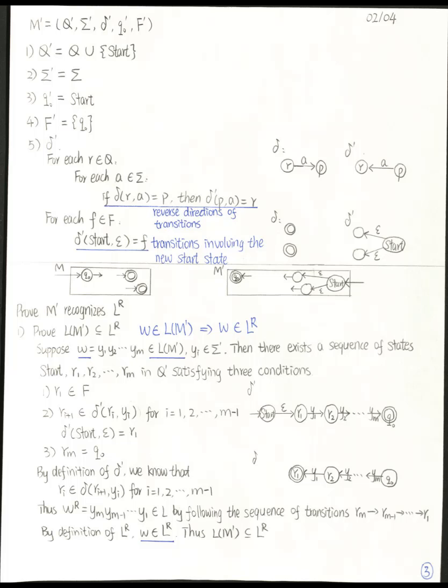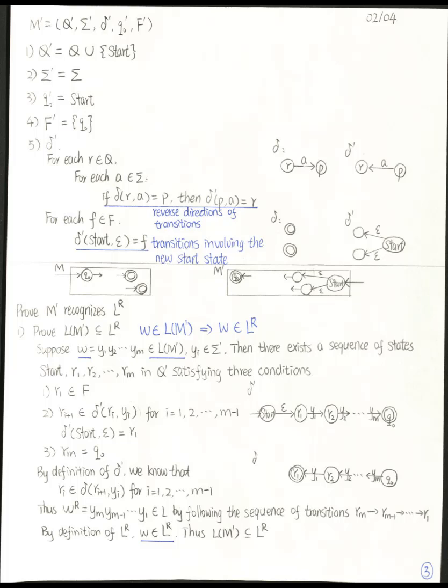But remember that for an NFA, we can only have a single start state, but we can have many accept states. So if my original M has multiple accept states, by reversing the order, I should take those accept states as my start state. But there are many of them. Which one should I choose?